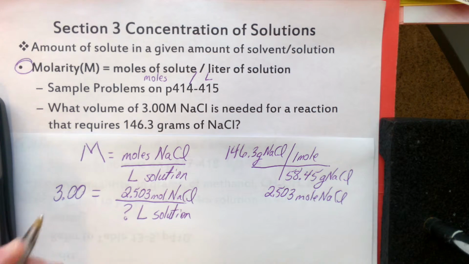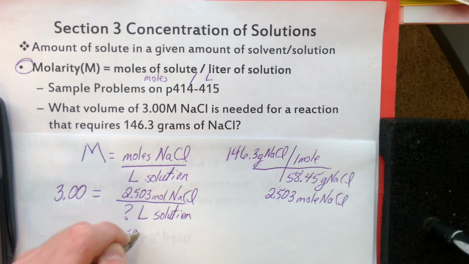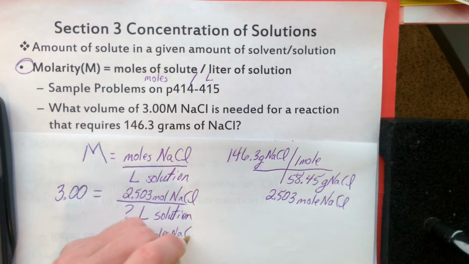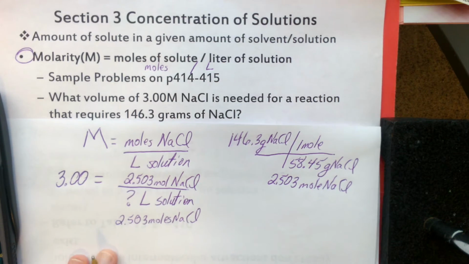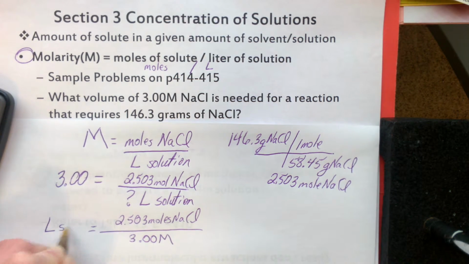Let's just rearrange, and we'll have 2.503 moles NaCl divided by 3 molar, and that's going to equal the liters of solution that we need.